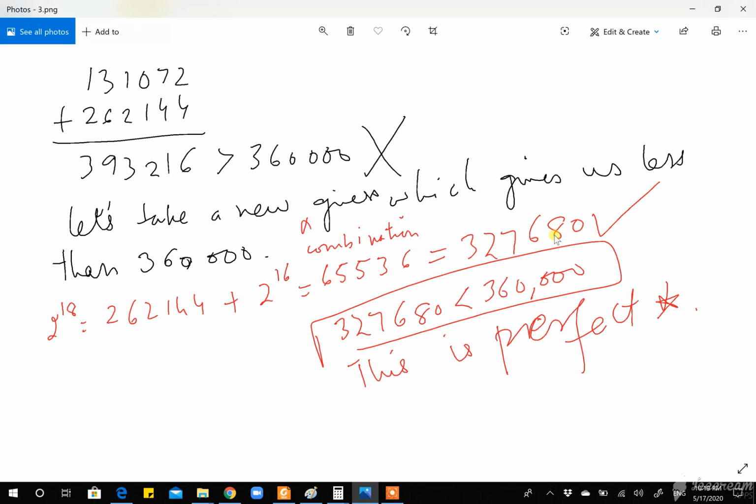Altogether if I add them, it means 327680 IP addresses, which is in our range, and it's perfect because it's less than 360000. So we can take these two as a combination. This is one of the combinations; you can make as many combinations as you like.